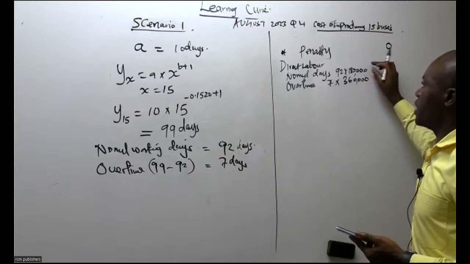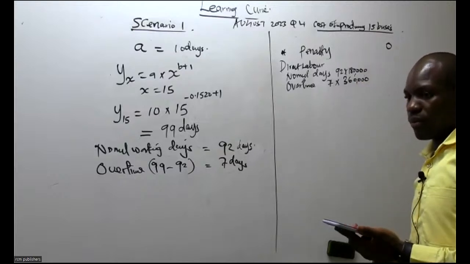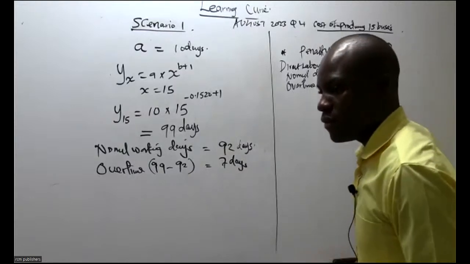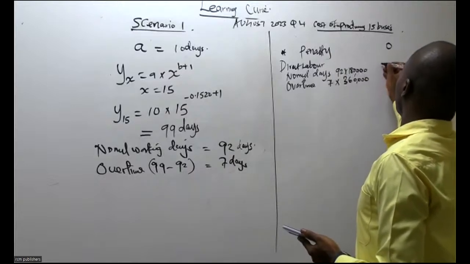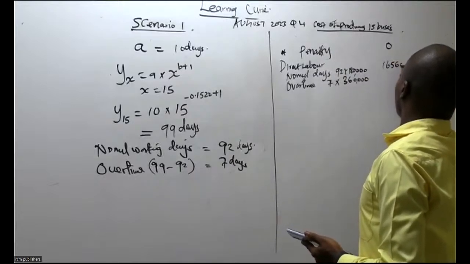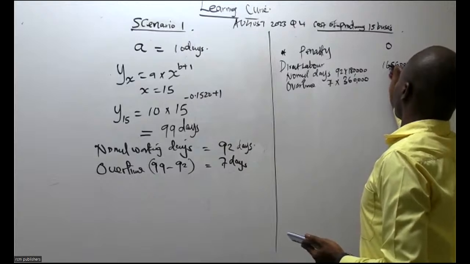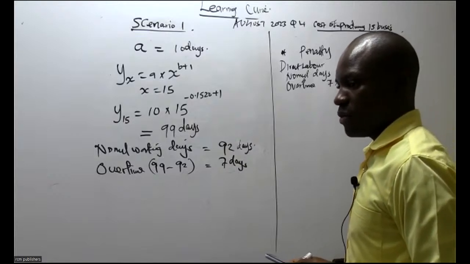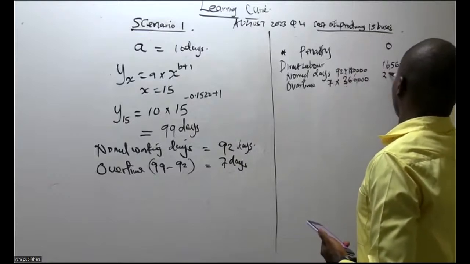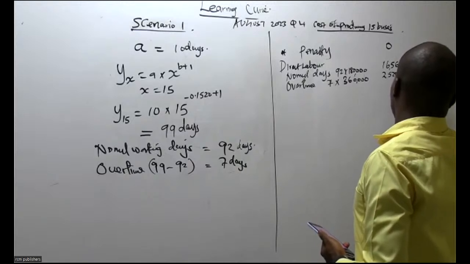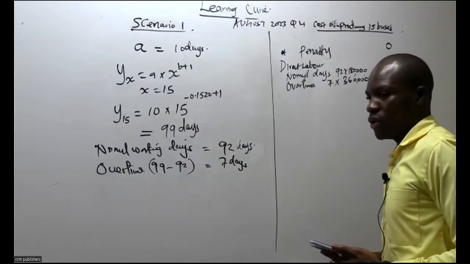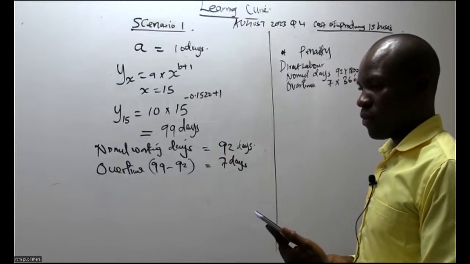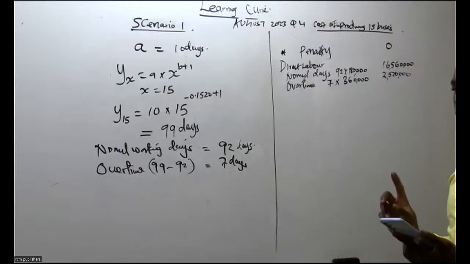Just start with the first one, 92 by 180. 16,560. How about the overtime? 2,520. Good. I believe the rest are also getting that for the overtime.